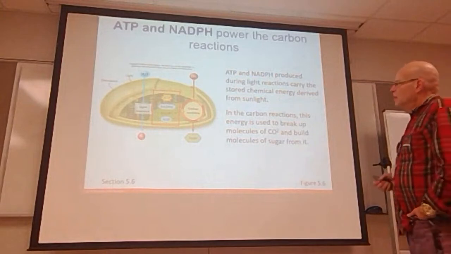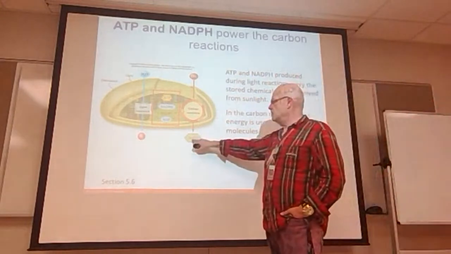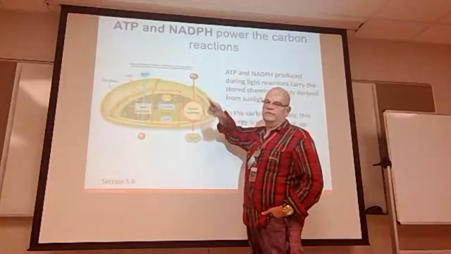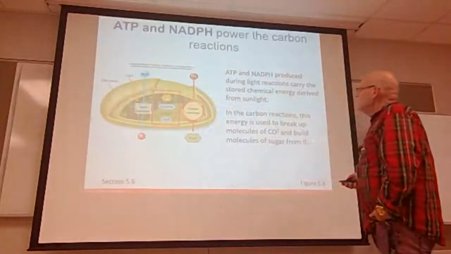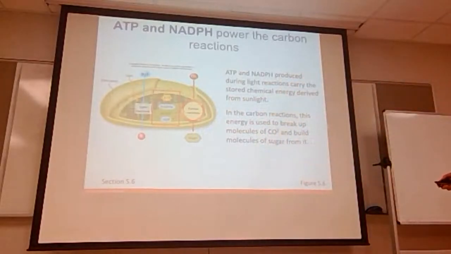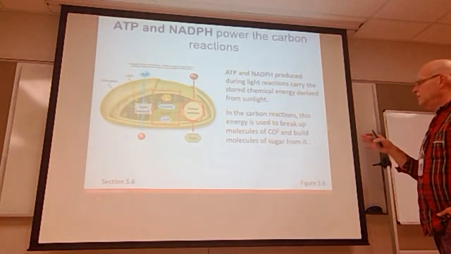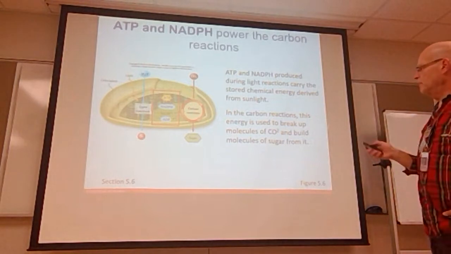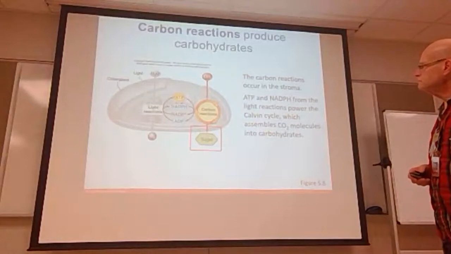During the carbon reactions, the carbon in the sugar molecules comes from the CO2. ATP and NADPH produced during the light reactions carry that stored chemical energy, which was derived from the sun. In the carbon reactions, that energy is used to break the molecules of CO2 and build molecules of sugar.